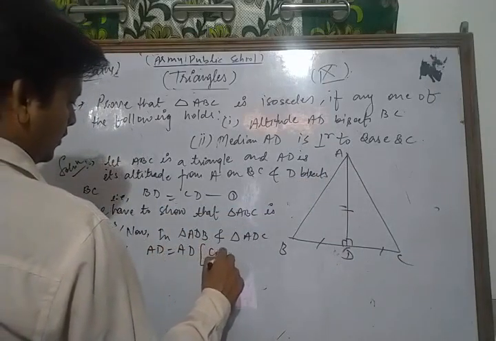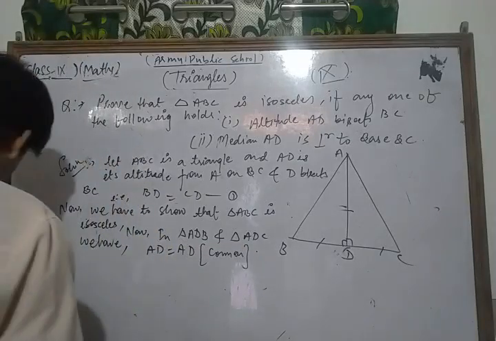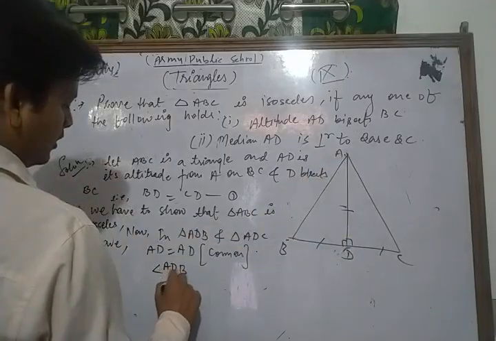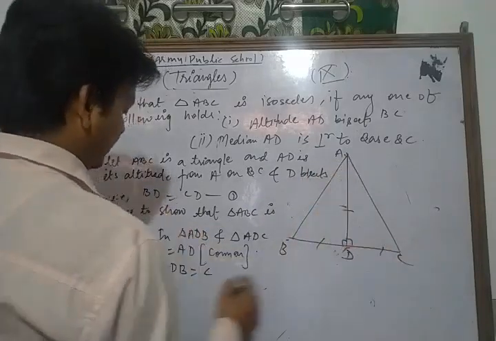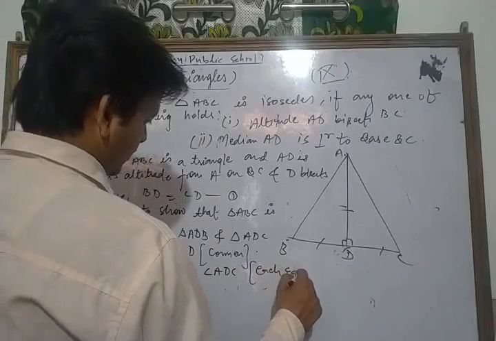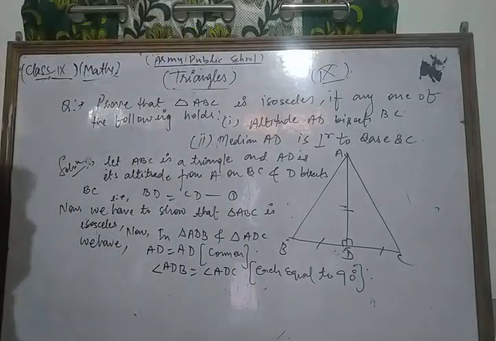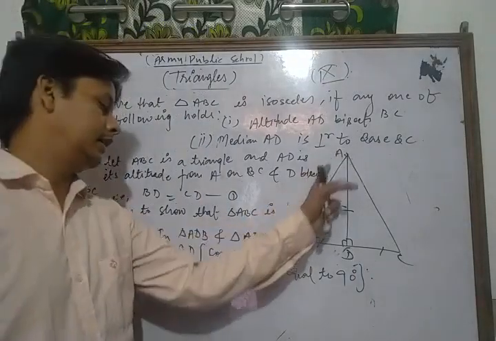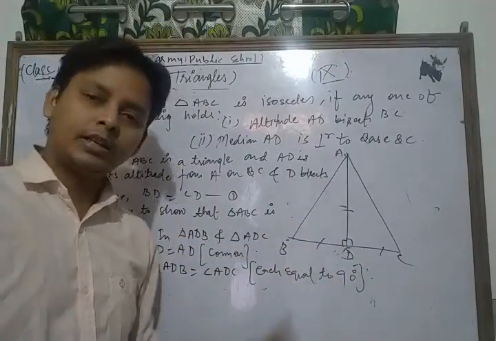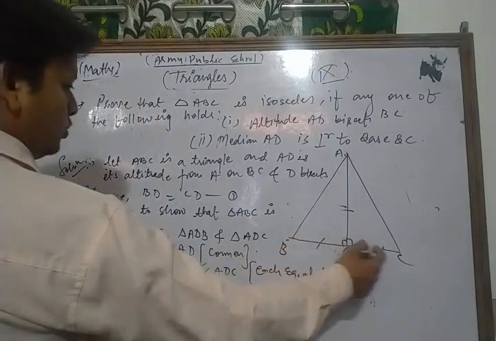And angle ADB is the same as angle ADC, each equal to 90 degrees.